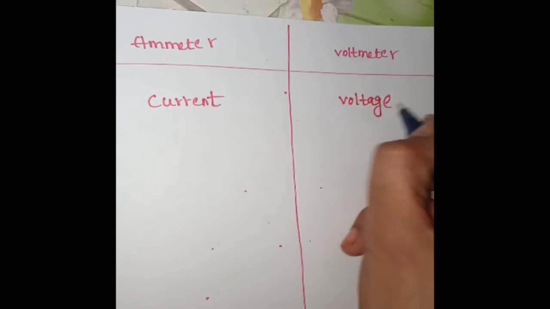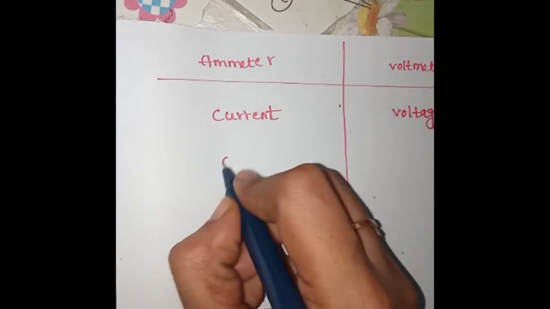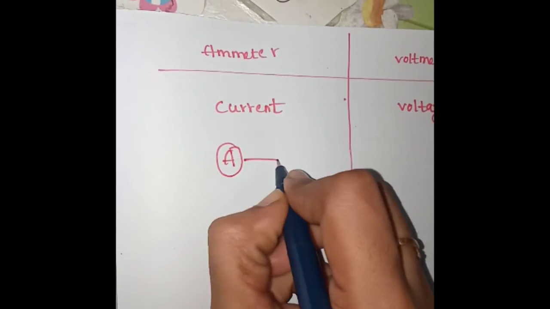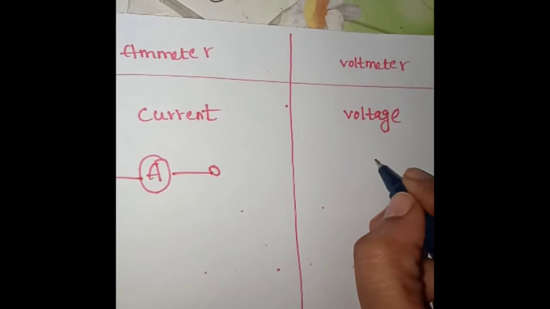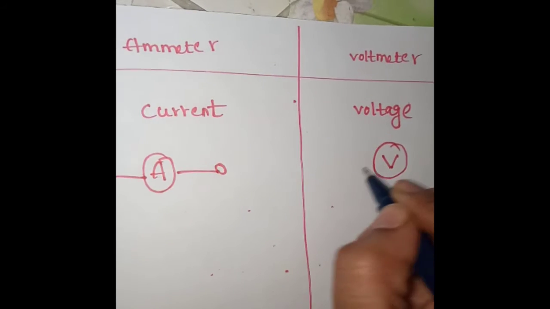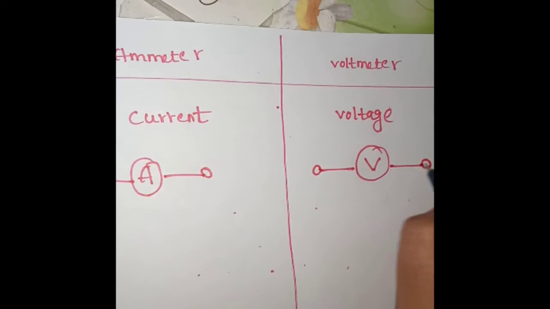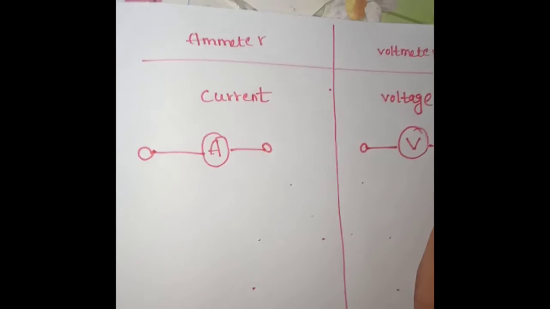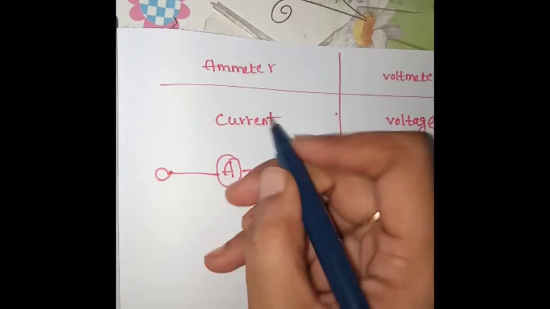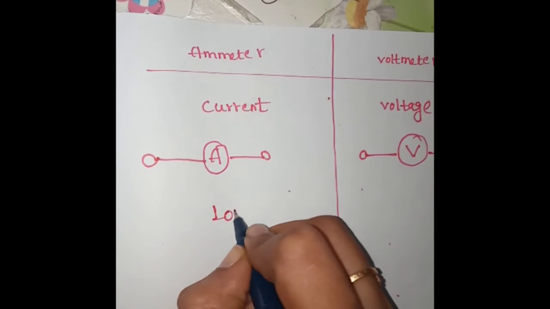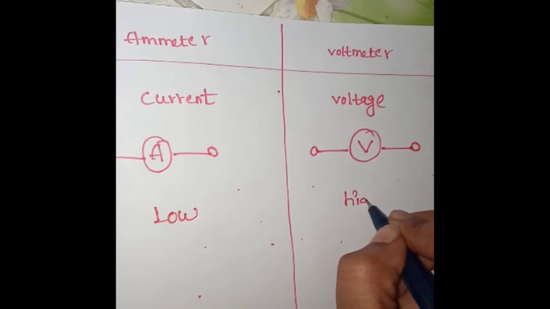Symbolically the ammeter is represented by the capital A, but the voltmeter is represented by the capital V in a circuit. Coming to the resistance, I already said that the ammeter uses a low resistance, but a voltmeter uses an internally high resistance.